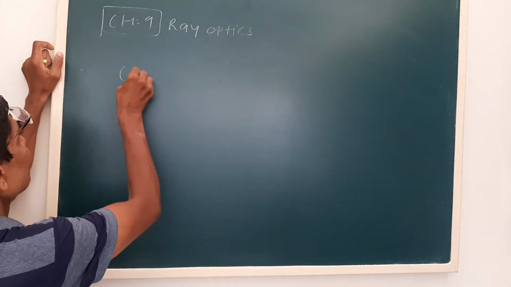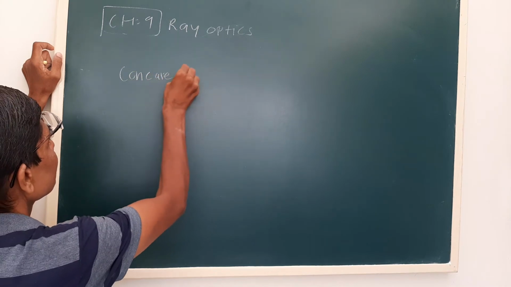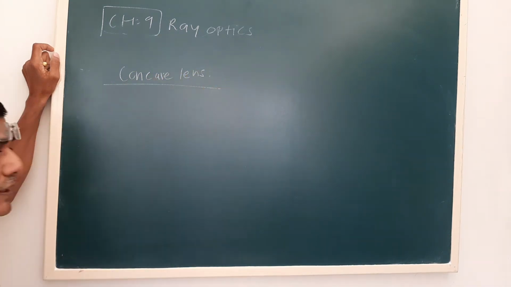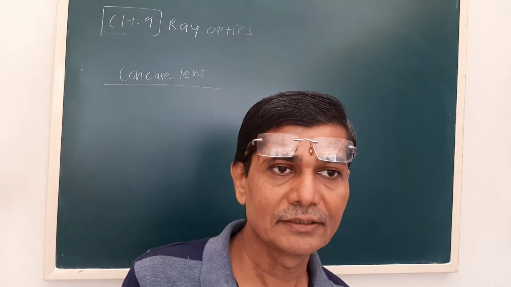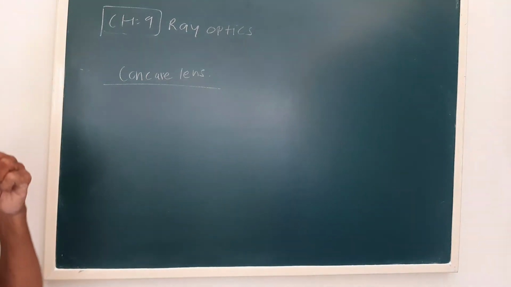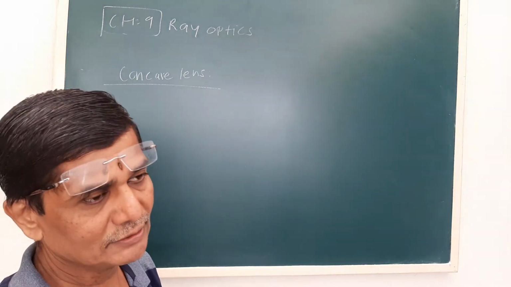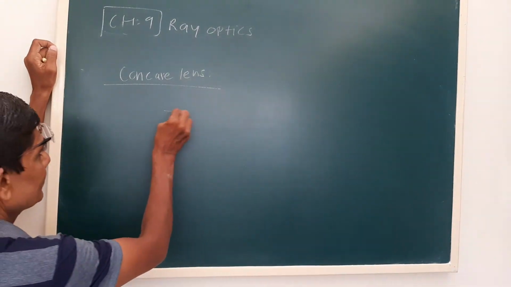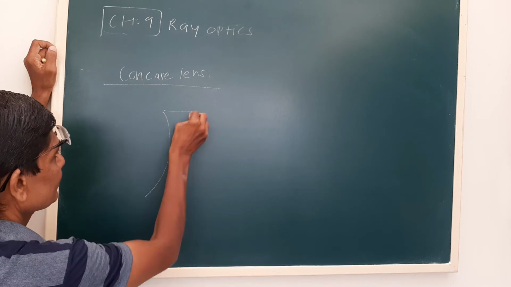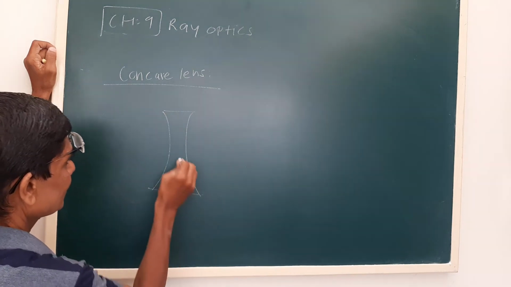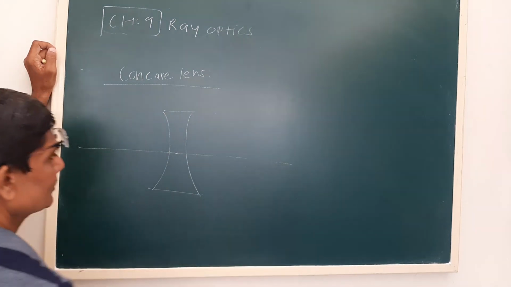Now see the concave lens. A concave lens is a diverging lens. It does not focus the rays falling on it, but it tries to diverge or change the direction so they move apart. Now in a concave lens there are two possibilities.